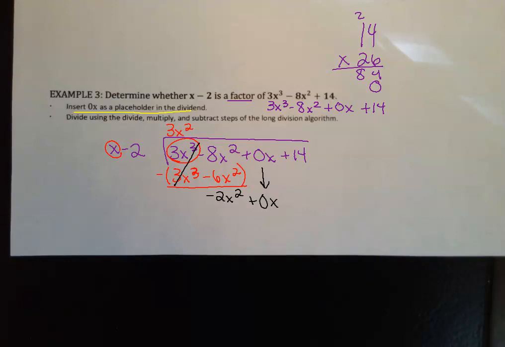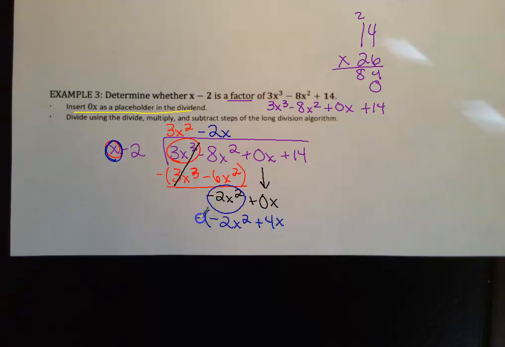Okay, so next up, what do we need to multiply x by to get negative 2x squared? Negative 2x. So negative 2x times x is negative 2x squared. Negative 2x times negative 2 is positive, right? A negative times a negative is a positive 4x.